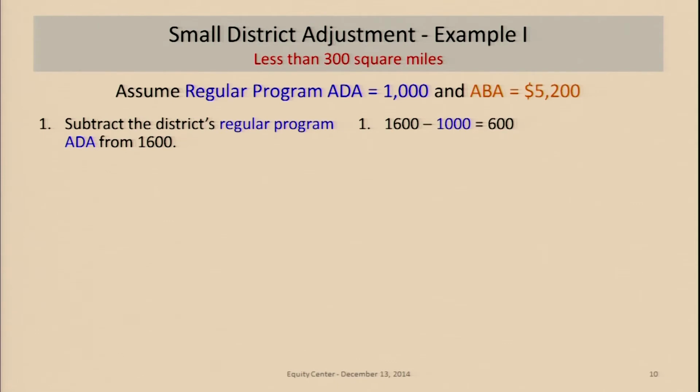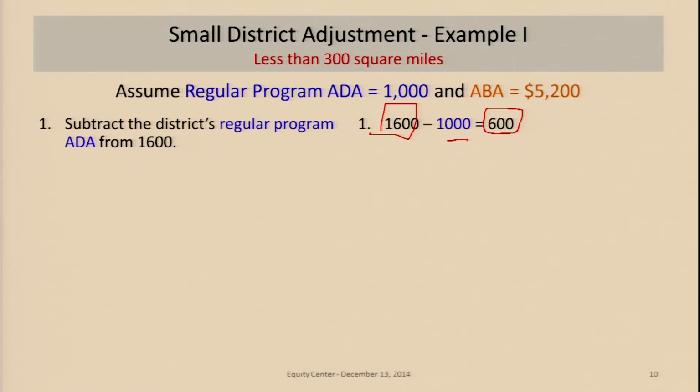Let's go forward. So first thing in small schools, and this is regardless of whether it's less than 300 square miles or 300 square miles or more, you start with that 1,600 cutoff and you subtract your ADA. The smaller you are, the larger your answer will be, and it'll take into consideration that you have a greater diseconomy of scale.